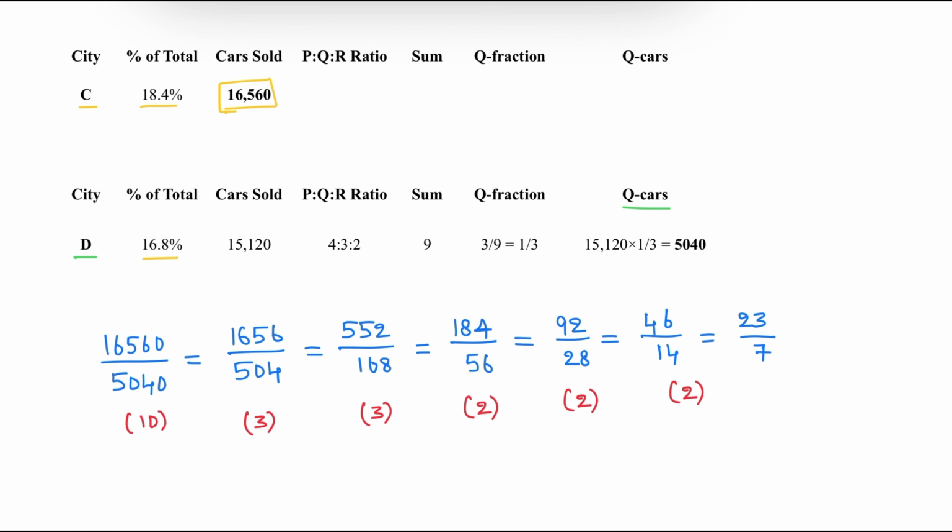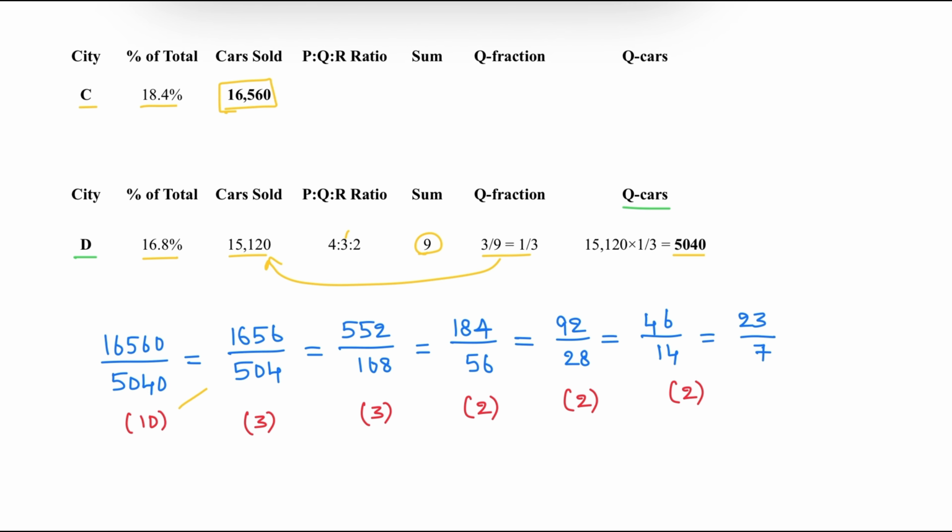So 16.8% of 90,000 is 15,120. We need to find Q fraction, that is 3 by sum. So total sum is 9, 3 by 9 of 15,120. So it results 5,040. We need to calculate the ratio between these two. So that is 16,560 divided by 5,040.